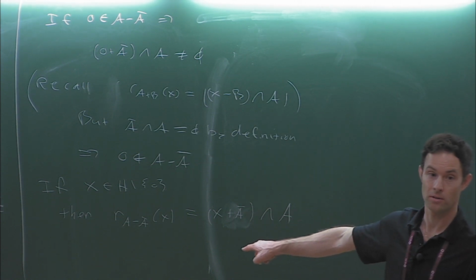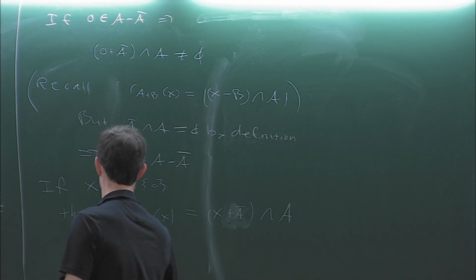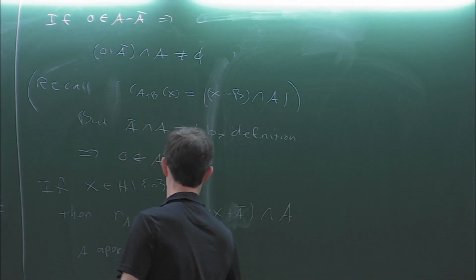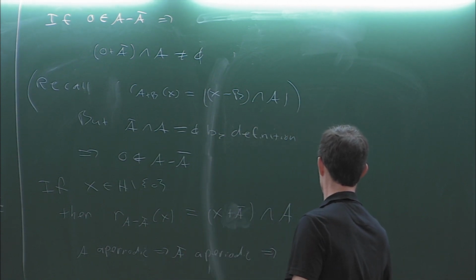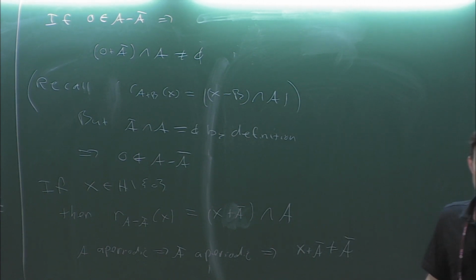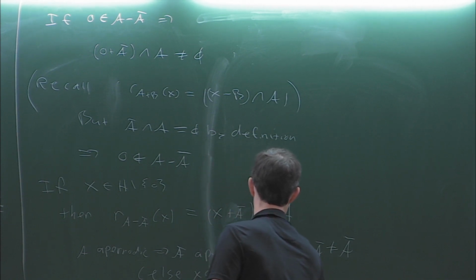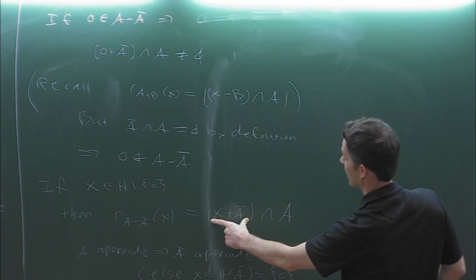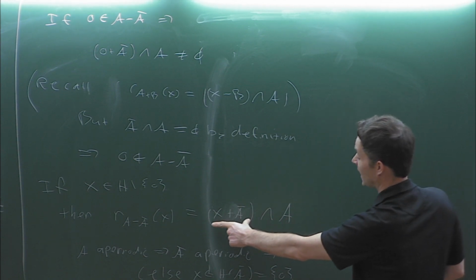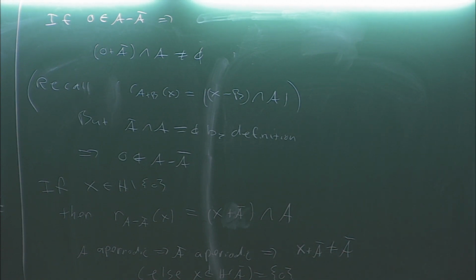So A complement is also not a union of any cosets or anything. So that means x plus A bar is not equal to A bar, because if it was, x would be inside the stabilizer, and we're assuming the stabilizer is trivial. So that can't happen. So we have this set over here is not A complement. But A complement is exactly the subset that makes this empty. So if it's no longer A complement, it contains something inside this intersection. So it will have a non-trivial intersection.